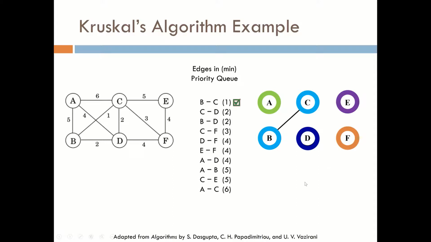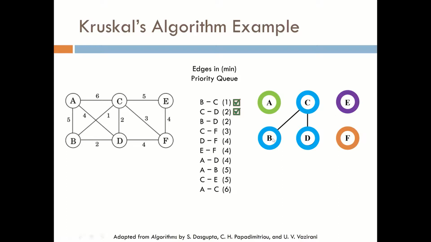We will now pull off the next edge, which is edge CD. Edge CD is the edge that goes right here. It's connecting C and D, which are in different sets, so we're going to accept that edge. And we're going to union D into the set that C is in, which also includes B. So we are now down to 4 sets, 1 set of 3, and 3 sets of individual vertices.